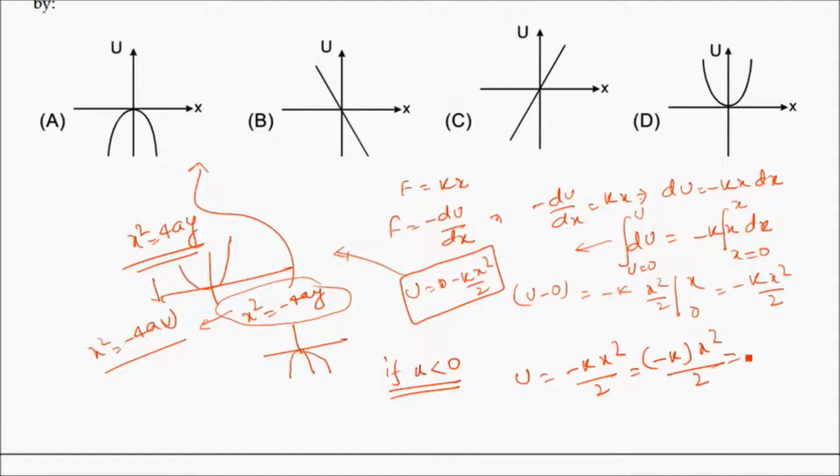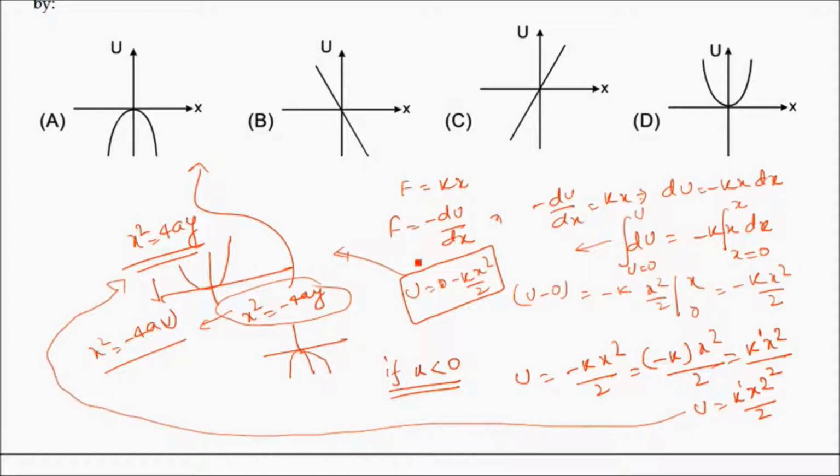So if we consider k' = -k, then the potential energy equation will be U = k'x²/2, and in this case it will be of the form x² = 4ay, so the answer will become d. So for k greater than 0, the answer will be a, and if k is less than 0, then the answer will be d. In this way we can solve this problem.